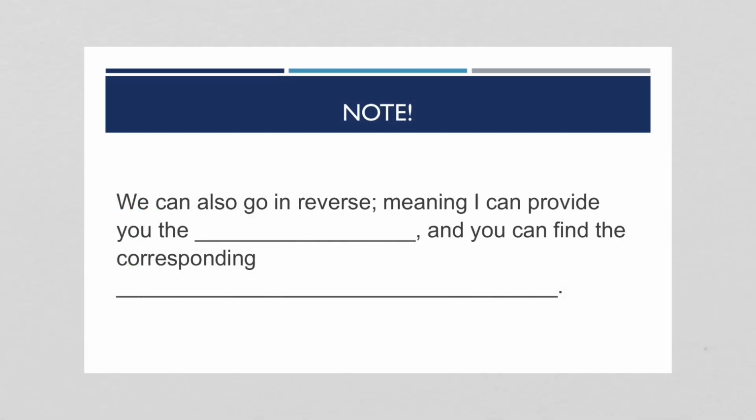All right, so we can also go in reverse, meaning I can provide you the probability and you can find the corresponding boundary or data value.